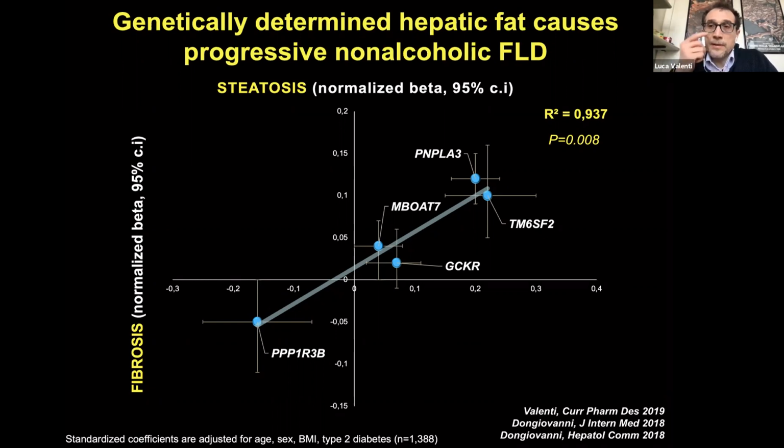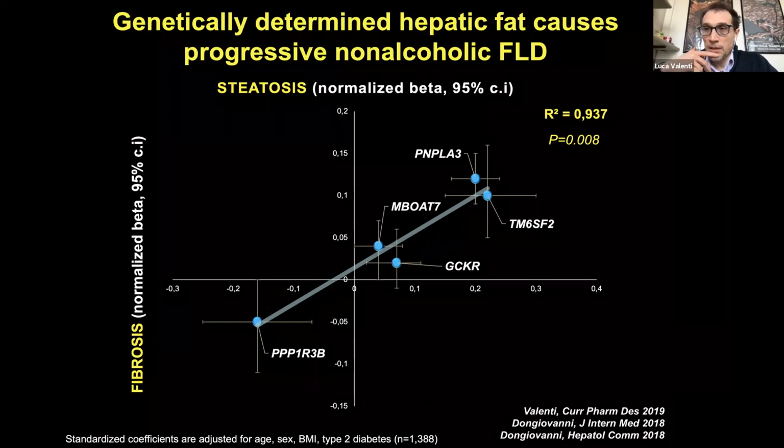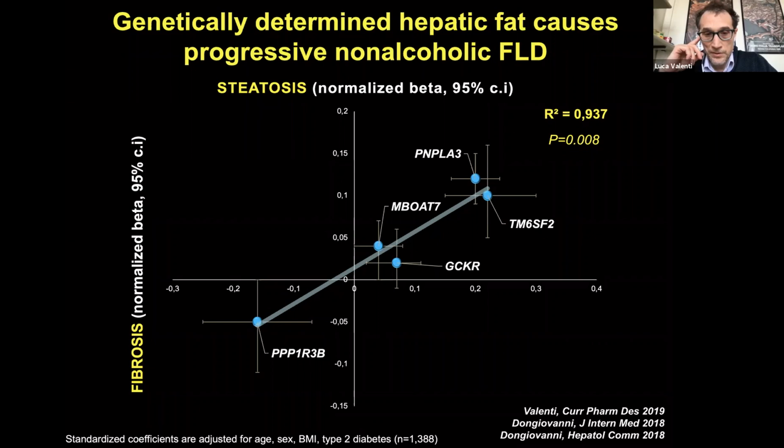An important observation that we and others have made during this phase of discovery is that the impact of these genetic risk variants on the progression of liver disease, and in particular on fibrosis, which is the main prognostic determinant of liver-related events in patients with non-alcoholic fatty liver disease and fatty liver disease in general, is probably directly proportional and very closely related to their impact on hepatic fat accumulation.